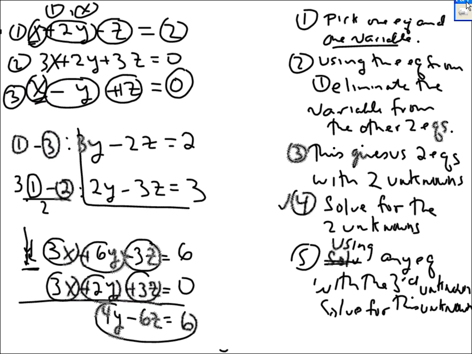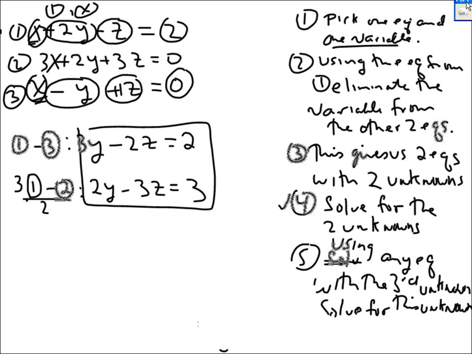Here are my 2 equations, 2 unknowns. You can solve this. So you pick one equation and one variable. And using that equation, you kill off that variable, you eliminate that variable from the other equation.